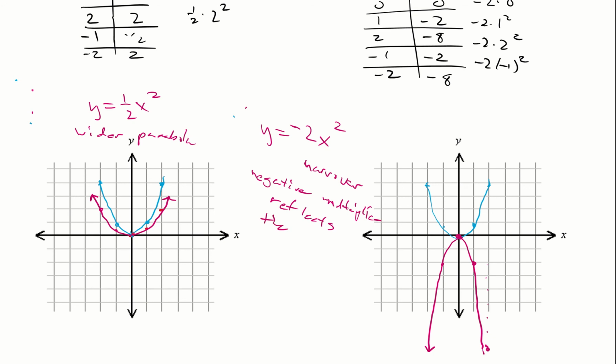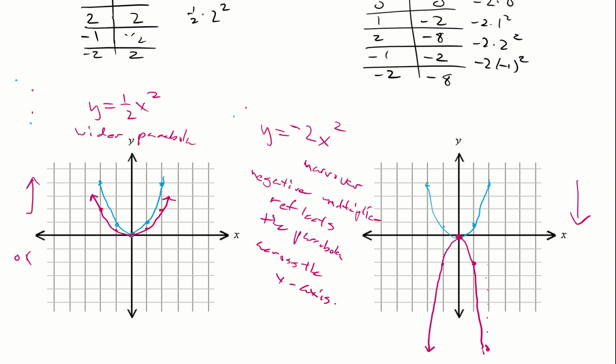Like you're looking at a very still lake, you see a reflection of the mountains or whatever. It reflects the parabola, not the mountain, but the parabola across the x-axis. So instead of everything opening upward over here, the parabola is actually opening downward.